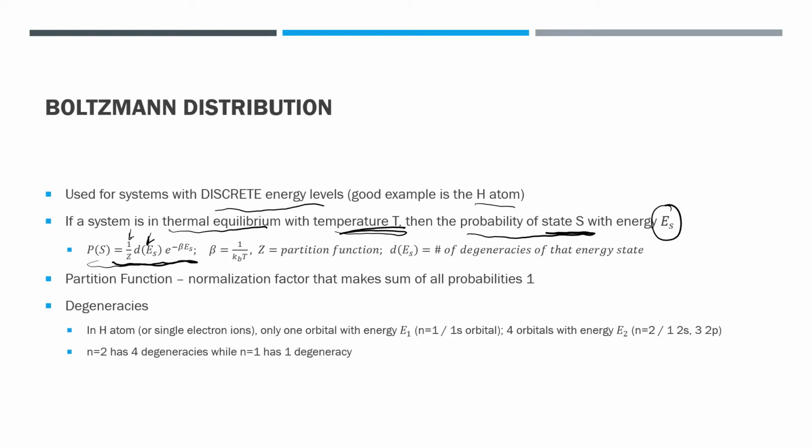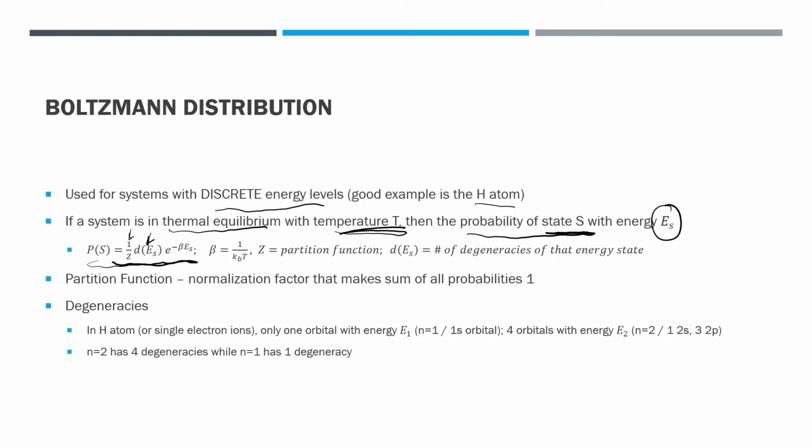For example, say there's an energy state of 10 joules, but there are 3 possible states that have that energy of 10 joules. Then it should be 3 times more likely to happen because there are 3 different possibilities for us to be at that energy. So that's basically why we have a degeneracy factor included.